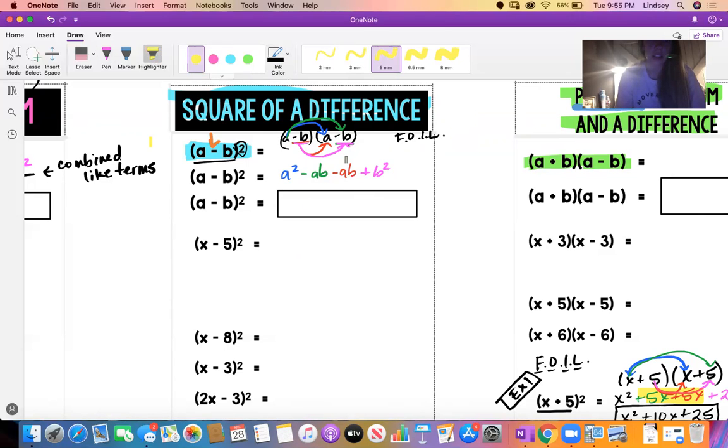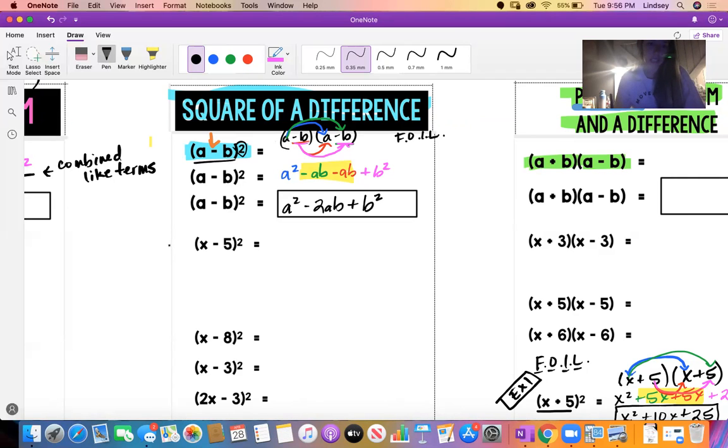All right, now that I'm done with my FOIL, I need to combine like terms. And I'm going to be left with a squared minus 2ab plus b squared. And that would be it in simplest form.